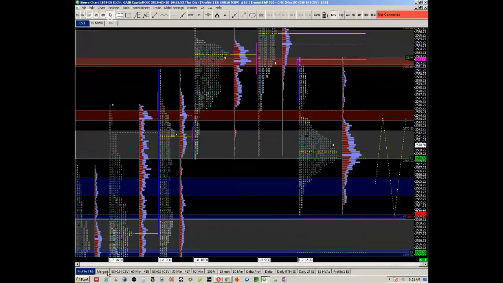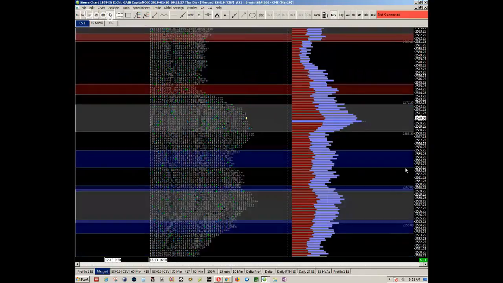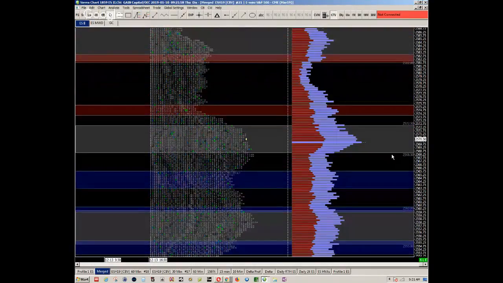So one other thing I want to pull up and show you is that if we get down here and we get to the other side, we could see some rotation inside this, notwithstanding these areas might turn red, and that might help define roughly where the rotations turn around.